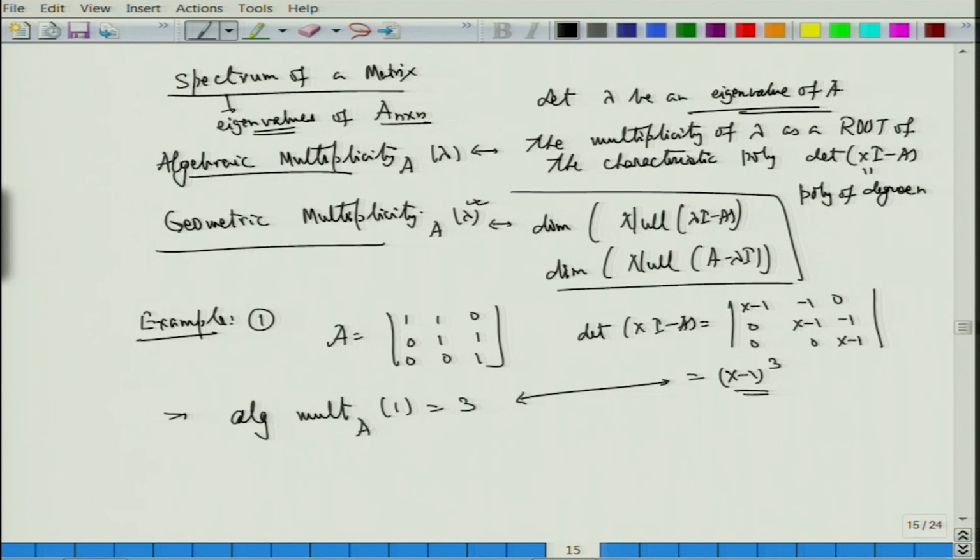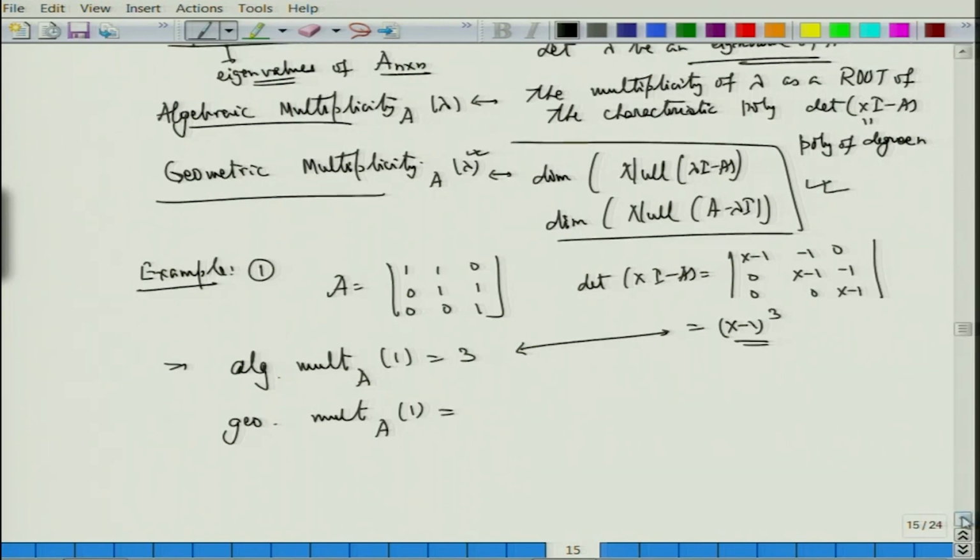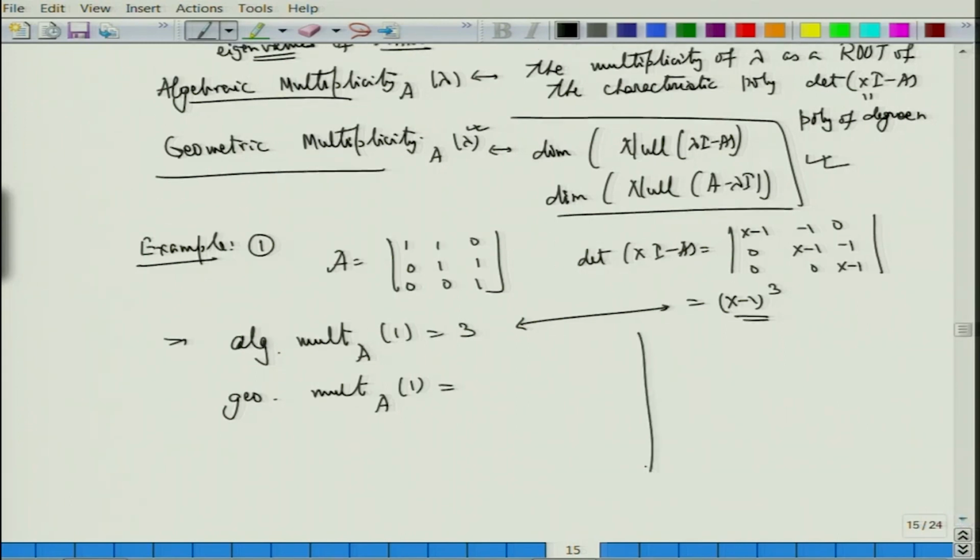What about the geometric multiplicity? For the geometric multiplicity, I need to compute this null space. So, let us compute the dimension of the null space. We want to look at the geometric multiplicity of 1 here, all right. So, let us do that out. I need to look at the null space for lambda equal to 1 here.